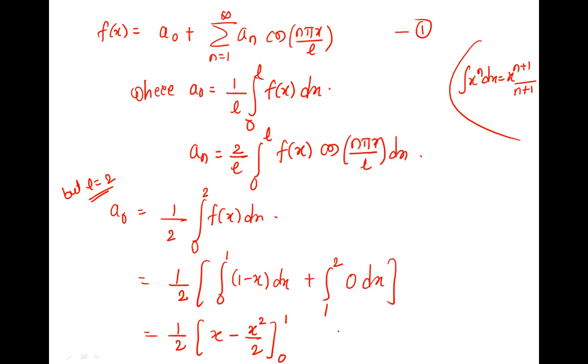Put the upper and lower limits: x is 1, so it is 1 minus 1 by 2, upper limit, minus 0 by 2, so 0. 1 minus 1 by 2 is 1 by 2. 1 by 2 into 1 by 2 is 1 by 4. So your a0 is 1 by 4.